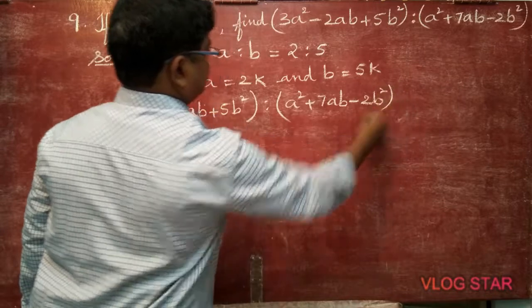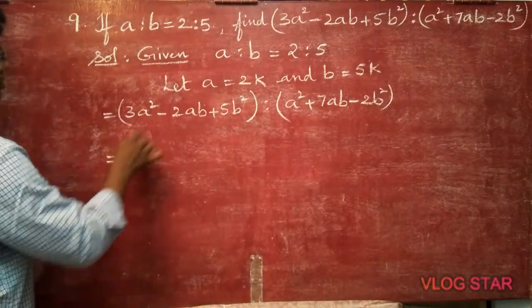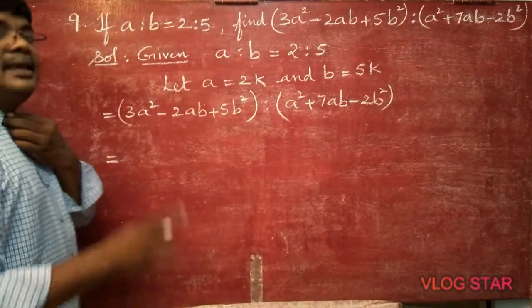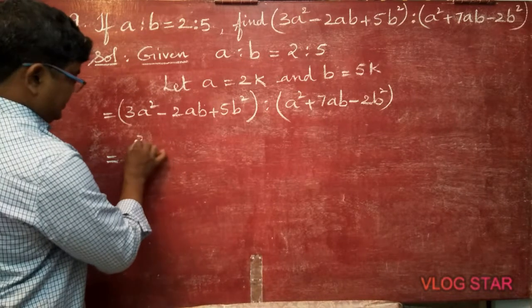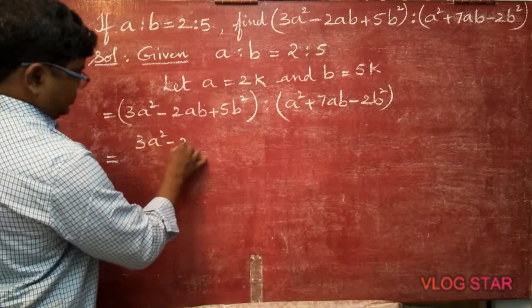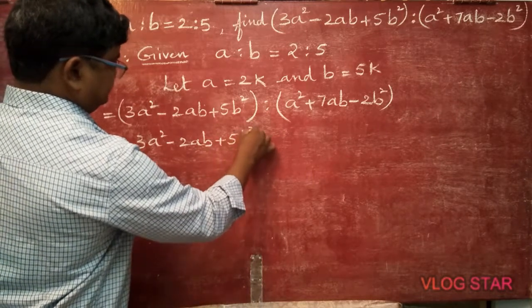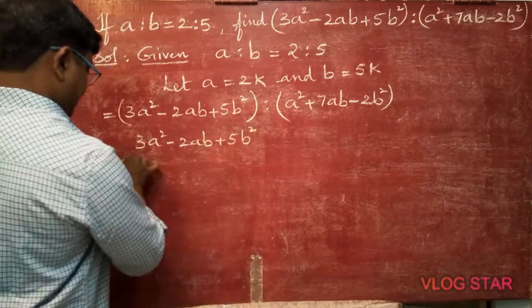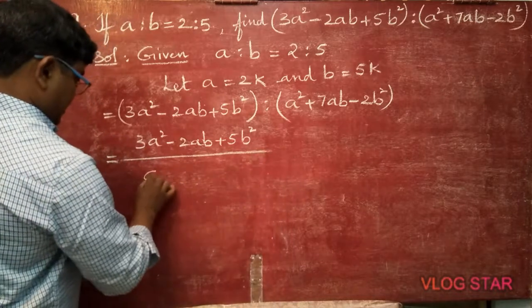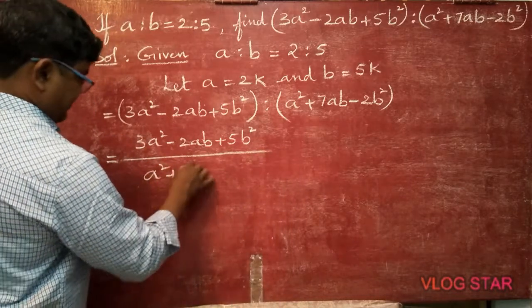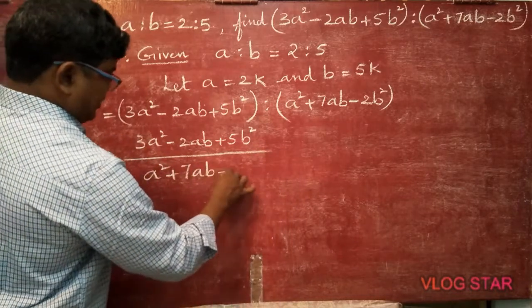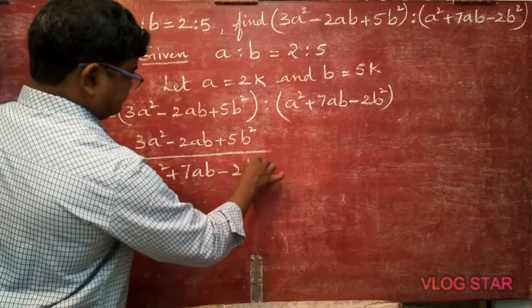Another form of A is to B is A by B. So 3A square minus 2AB plus 5B square by A square plus 7AB minus 2B square.